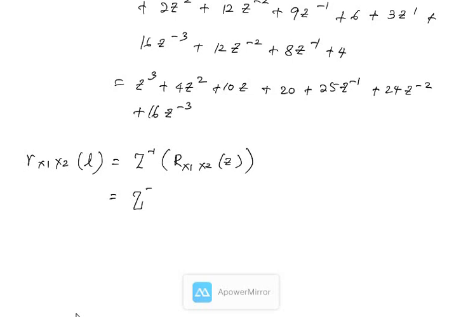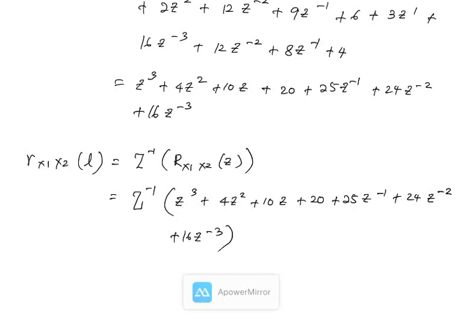So this is equivalent to z power of 3 plus 4z squared plus 10z plus 20 plus 25z minus 1 plus 24z negative 2 plus 16z power minus 3.